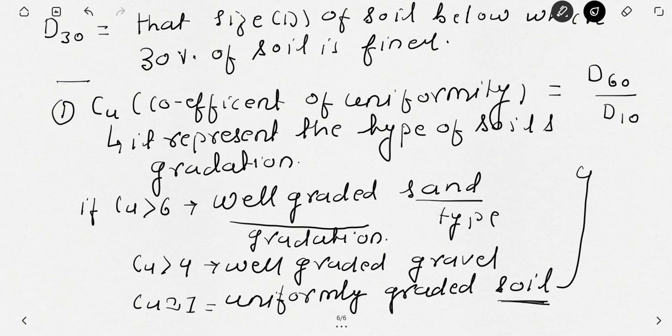So look between these two values. If Cu is equal to 5, then what will you tell? It will be uniformly graded gravel only, because unless and until Cu is greater than 6, you cannot say that the soil is of uniformly graded sand type.